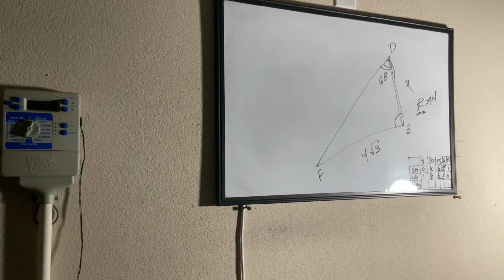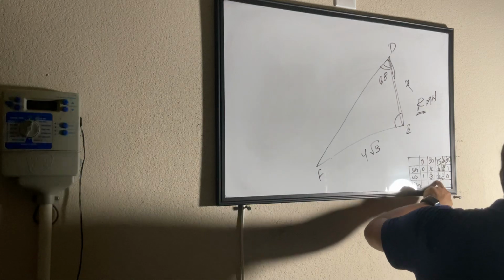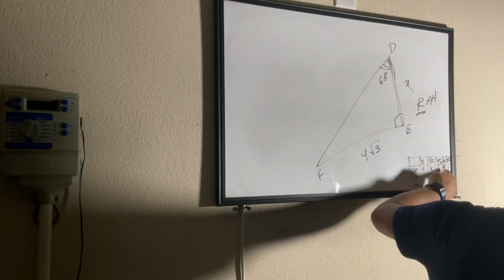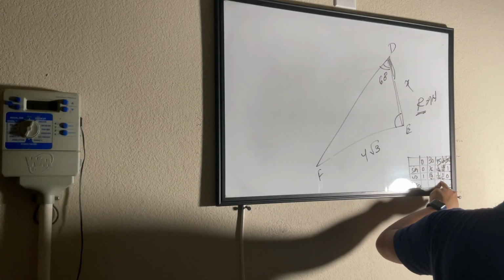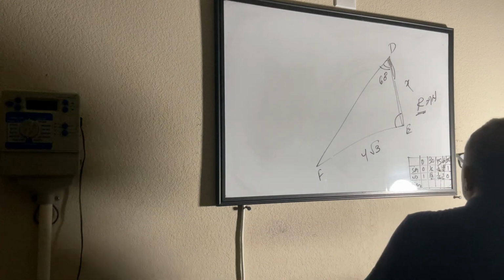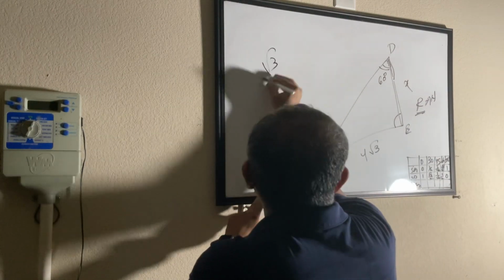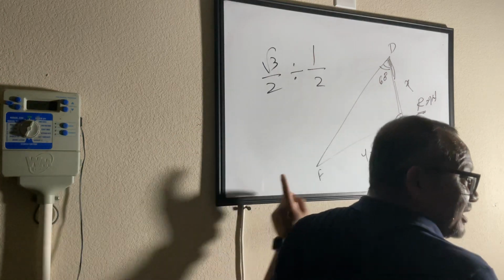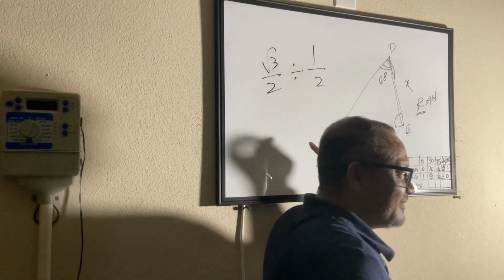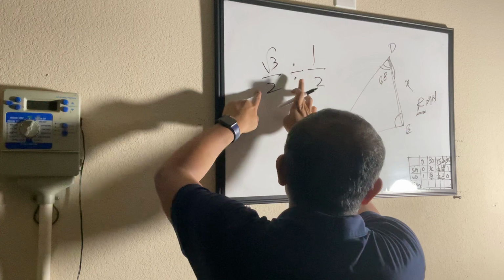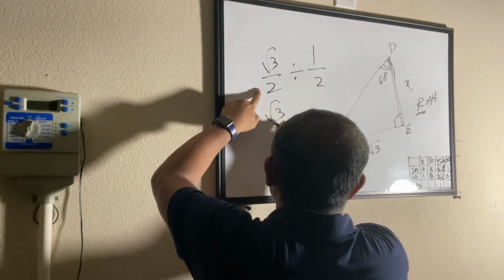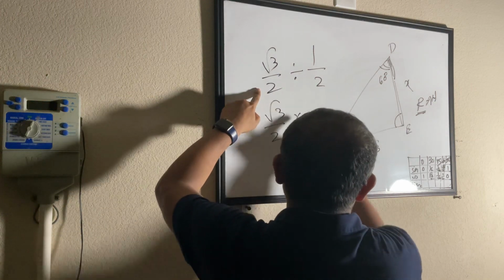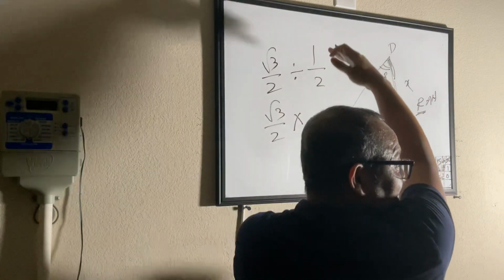Say that again. Sine by cos. Root 3 by 2 divided by 1 by 2. This is what I teach the younger ones, okay? When you are doing this kind of thing, I don't know how to do division, so I convert division to multiplication. When I do that, somebody gets upset and flips it upside down.